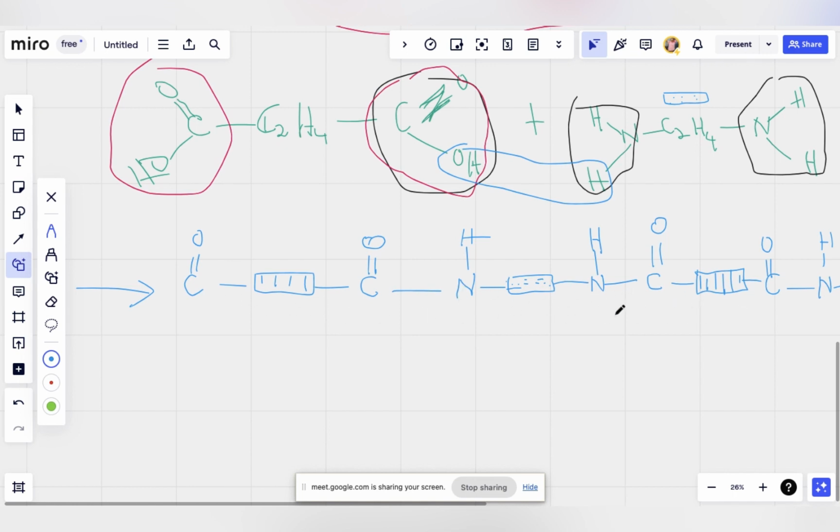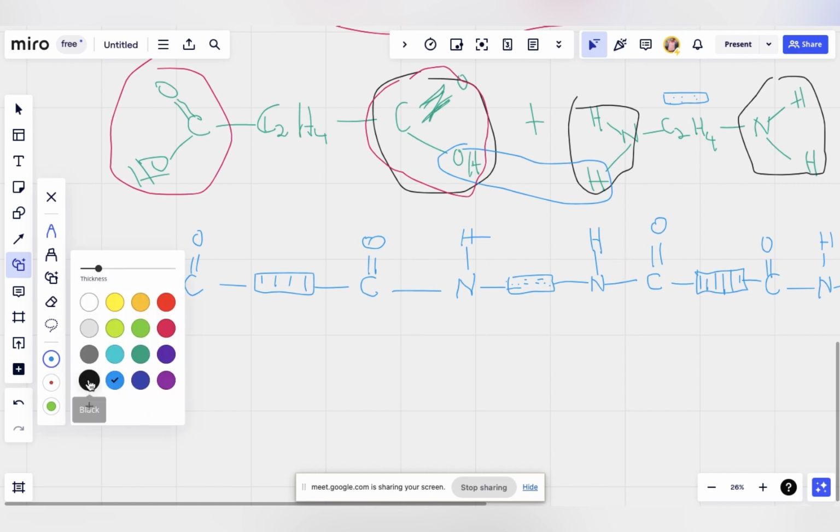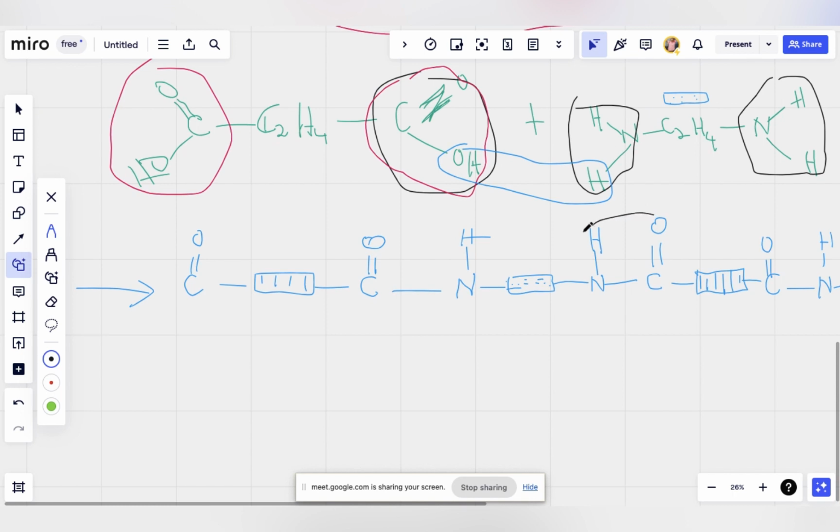Okay? This polyamide is formed. This is an amine linkage. So we call this an amine linkage. And this is how nylon is made.